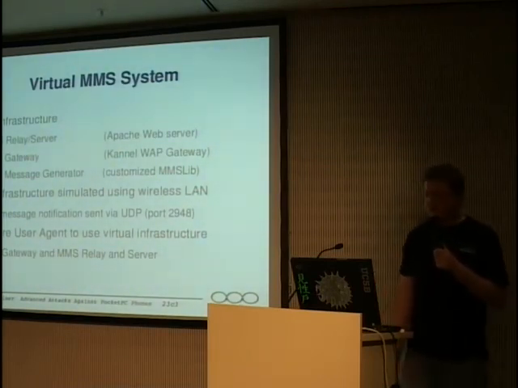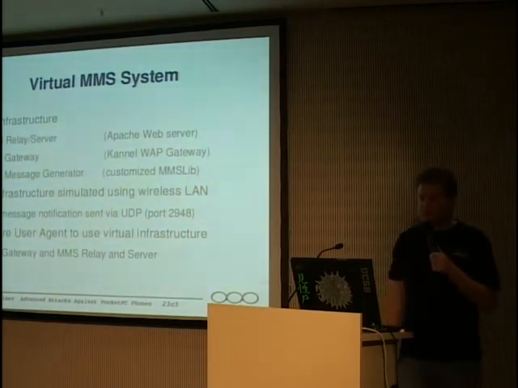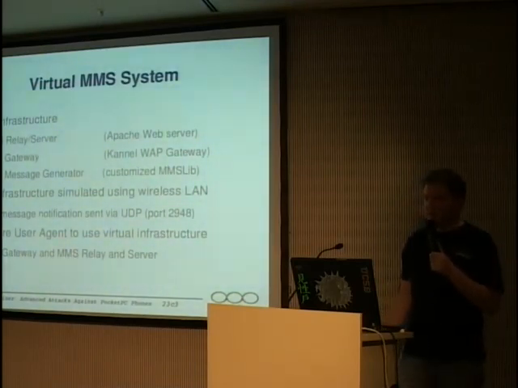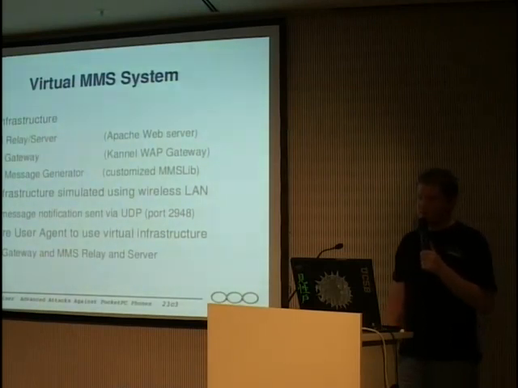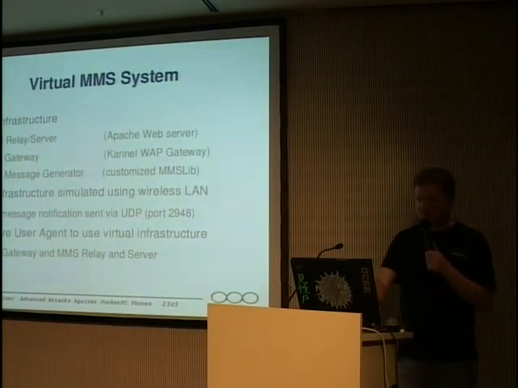Then you can just generate a message, dump it on the Apache server, take the URL and send it via UDP, and your PocketPC phone will happily go over wireless LAN to your web gateway and say, get me that URL, and it works like it would over GPRS.